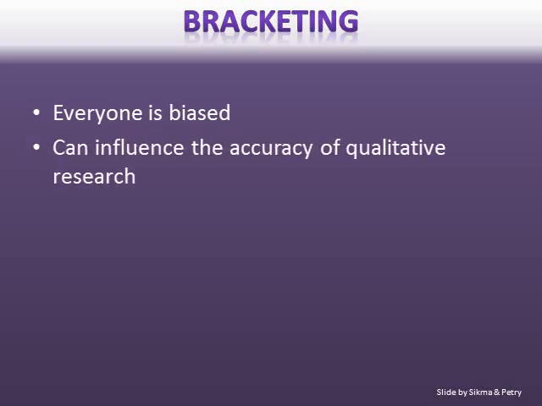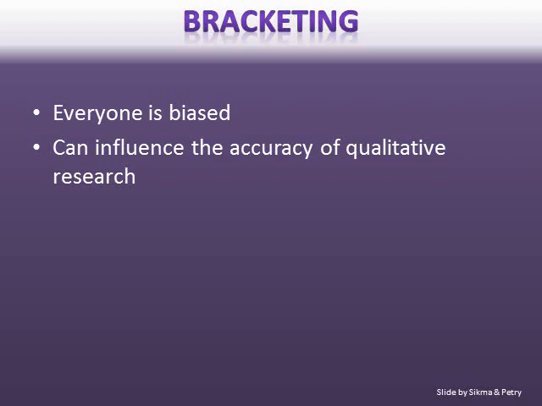So another key element to qualitative research is the concept of bracketing. Bracketing is really the idea that everybody is biased. When you're doing a study like this, you're typically coming at it from some perspective, some opinion. You wouldn't typically study something that you don't care about at all.